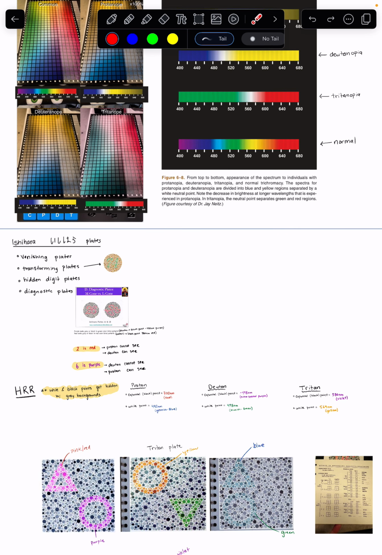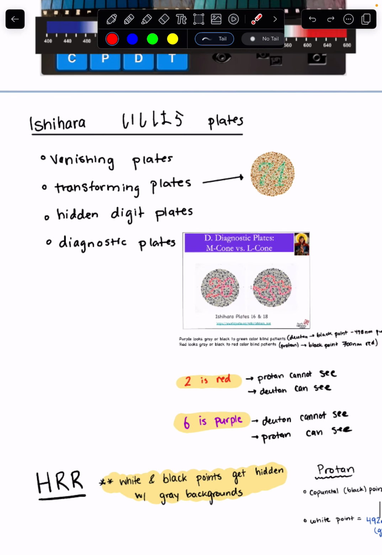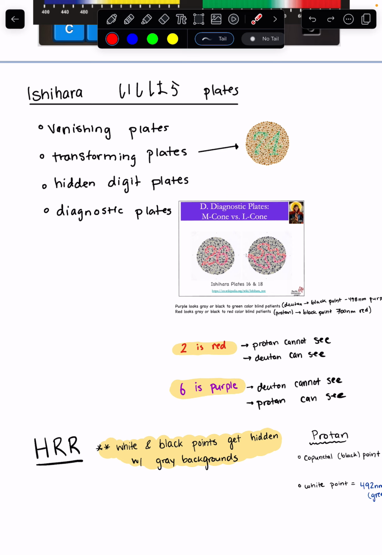As we look to some of the different color vision testing and books, there's a variety of ones, right? We have the Ishihara plates, we have the PIP, which I can't remember what it stands for. But as we look at these types of plates, you have vanishing plates. That's your classic one where you ask them if they can see something or they can't.